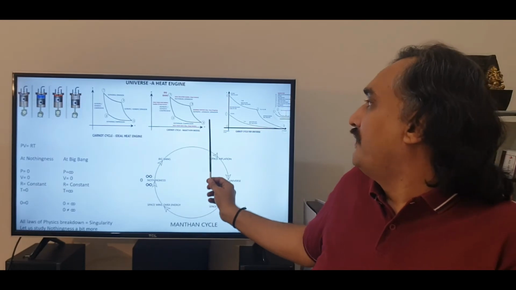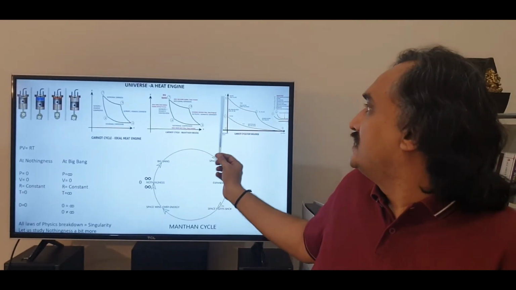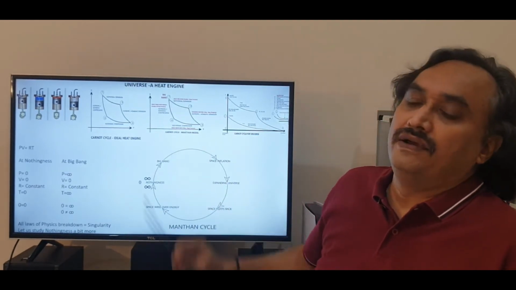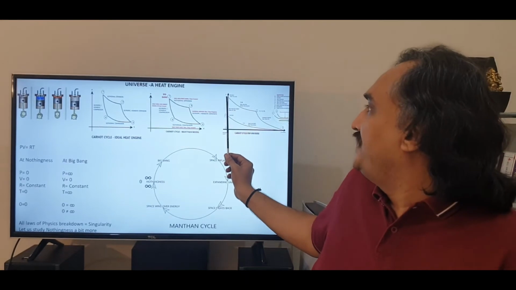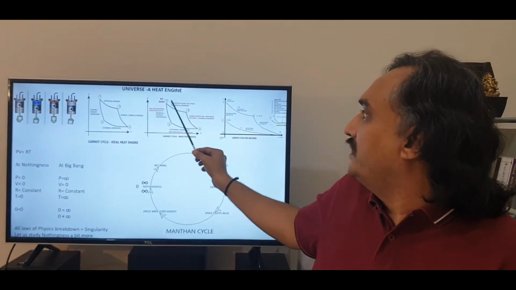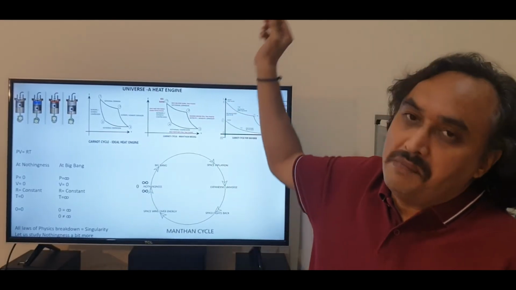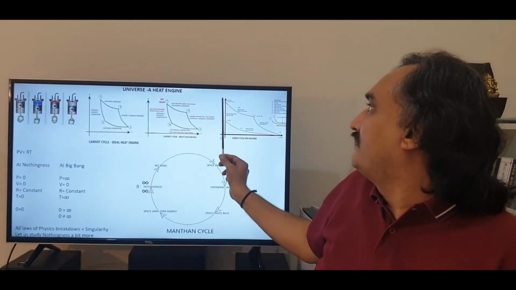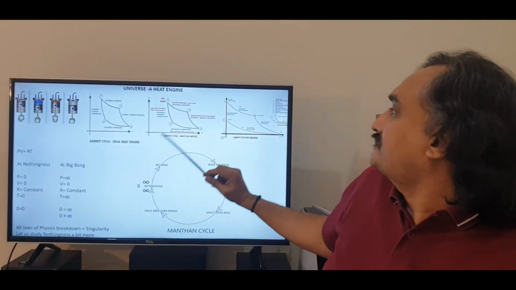But it is important for us to correct this graph by including infinity and nothingness. So we have seen that the Big Bang is a case of infinity, so it cannot be here. It will have to be on this curve, but much farther away. For the sake of clarity or brevity, we have shown the infinity here.